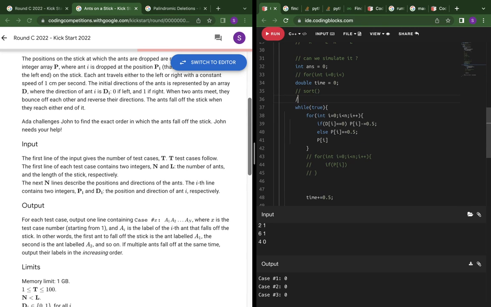So I can say a pos, and this can be a map. So at position I, how many ants are present at the position I, and I'm gonna do count of pos of this plus plus. This is pretty weird, but I don't know. And this would be like this.